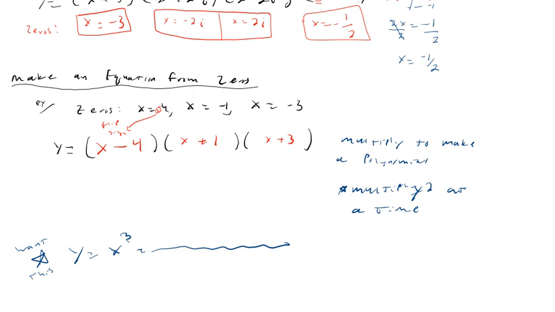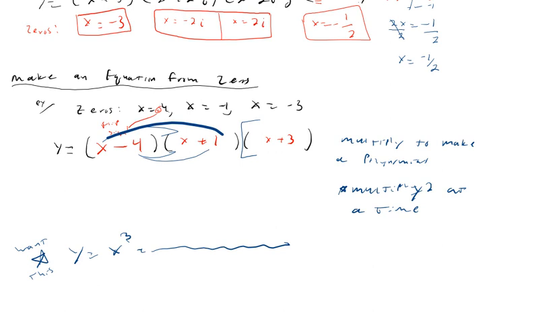So I need to FOIL, right? X times x, x times 1, and then distribute negative 4 times x, negative 4 times 1. This times this, this times this, this times this, this times this. So I'm going to get x times x is x squared. X times 1 is plus 1x.